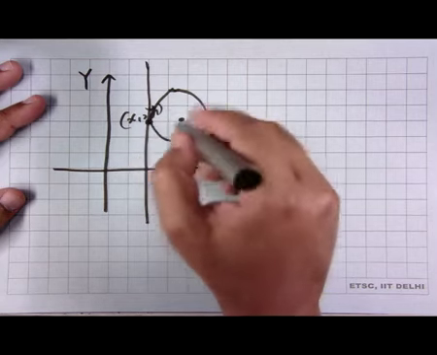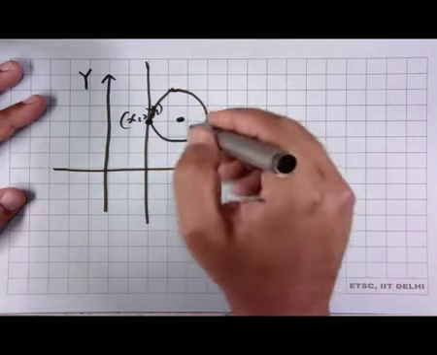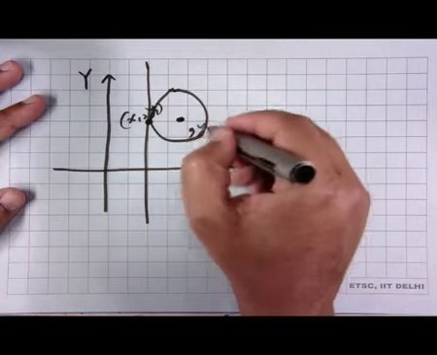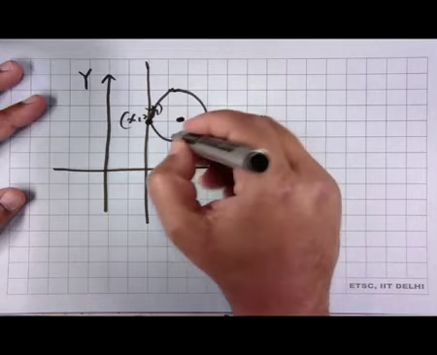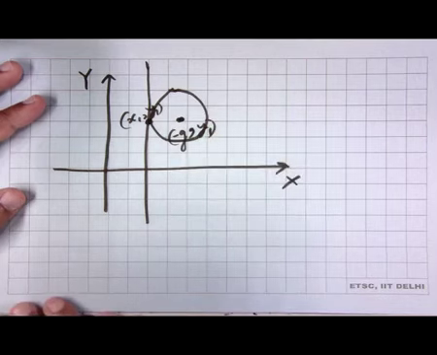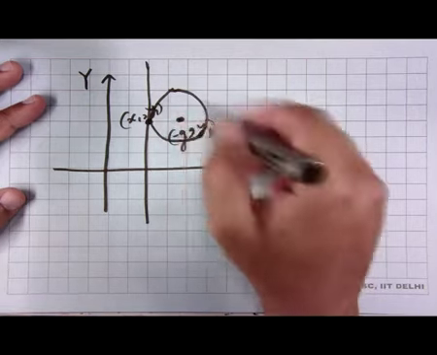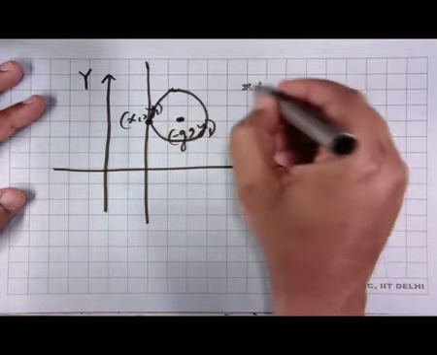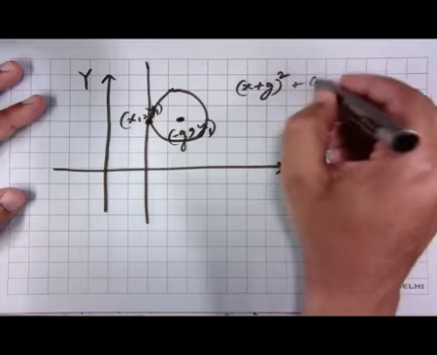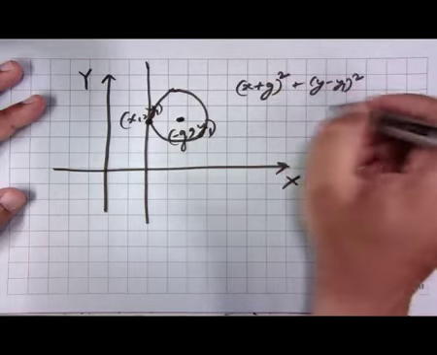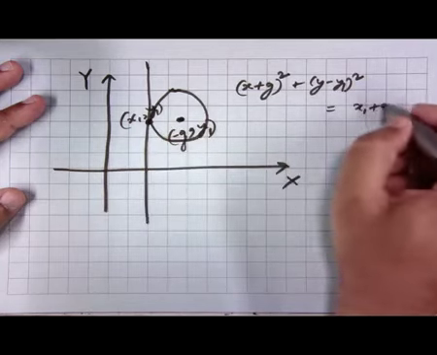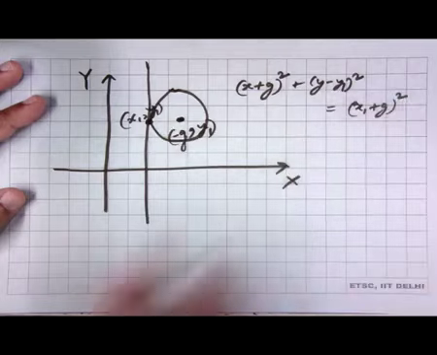Clearly, the center of all such circles should have a y coordinate which is equal to y1. Let us say the x coordinate is minus g. In that case, the equation of all such circles is x plus g whole square plus y minus y1 whole square is equal to the square radius, and the square radius is simply x1 plus g whole square.